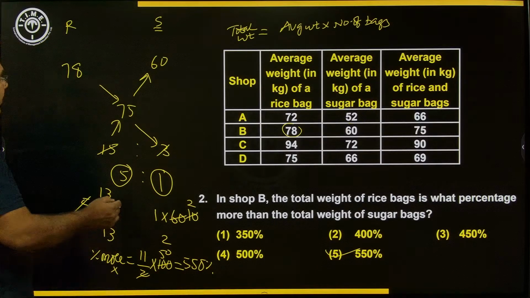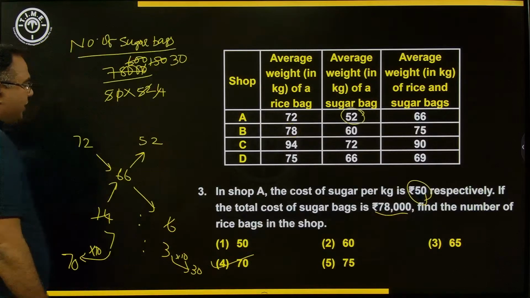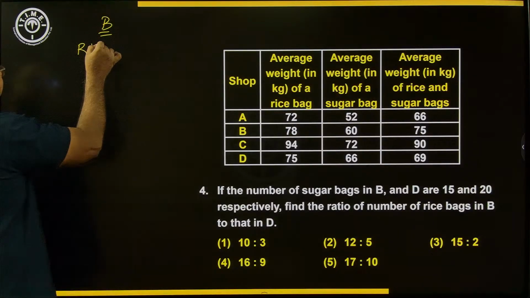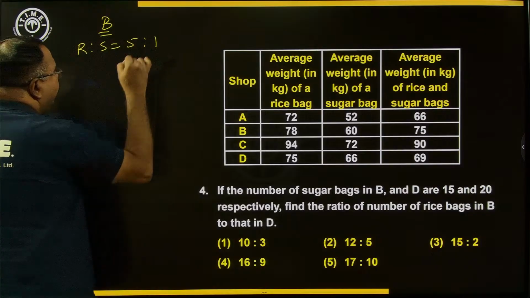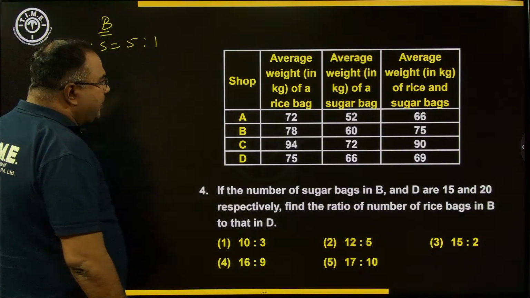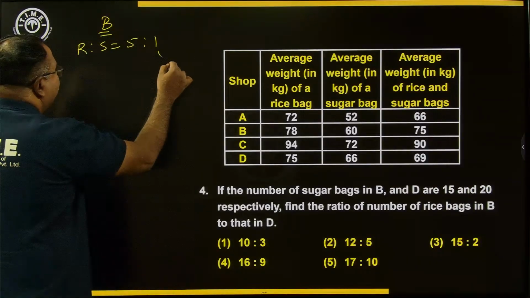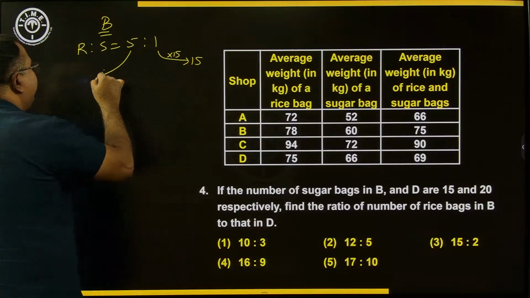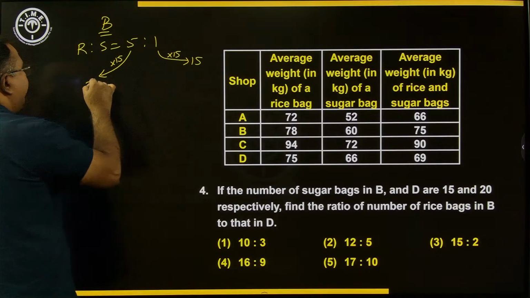What is the ratio of rice bags to sugar bags? In B, rice bags to sugar bags is 5 is to 1. So the number of sugar bags in B is 15, and the rice bags become 5 into 15, which is 75.